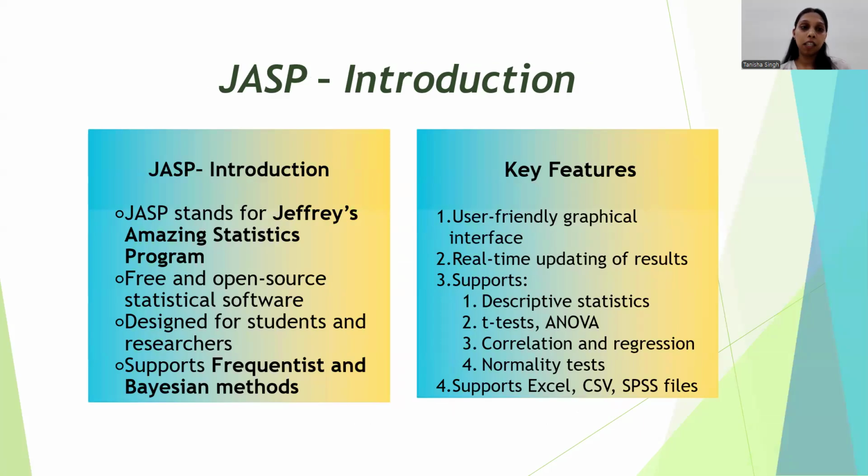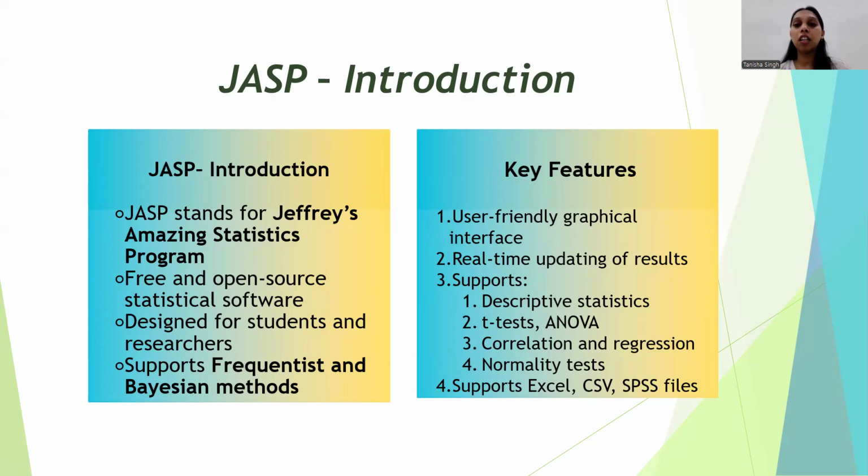Now let's go to JASP. So what is JASP? JASP stands for Jeffreys's Amazing Statistics Program, a free and open source statistical software designed for students and researchers. It supports frequentist and Bayesian methods. It is very easy to use, and mainly students and researchers use it.